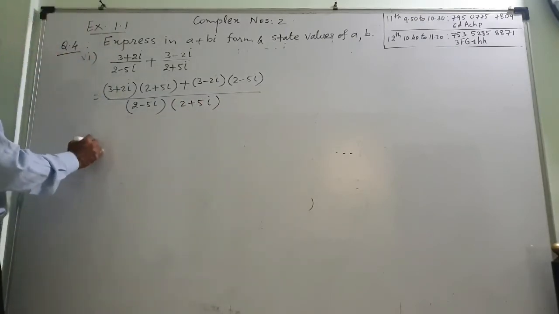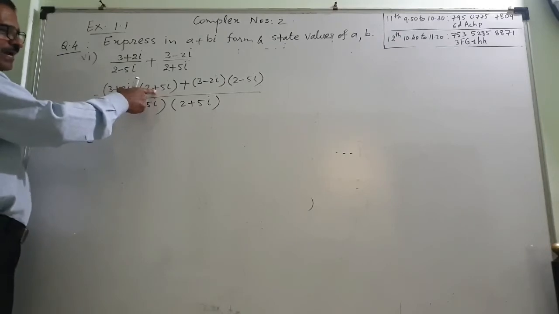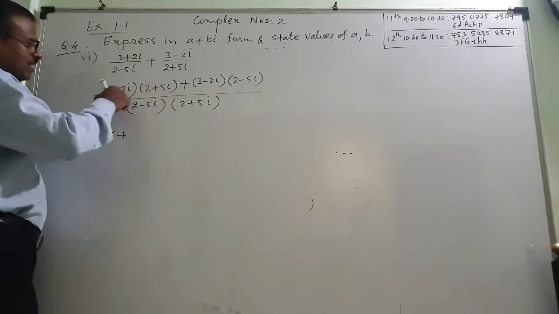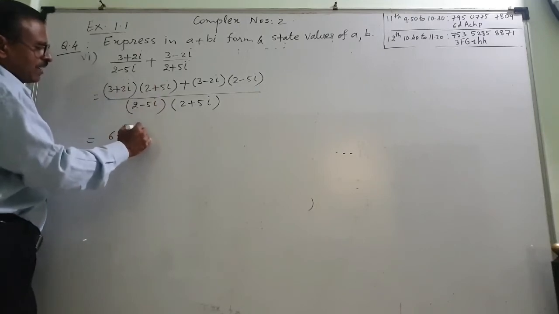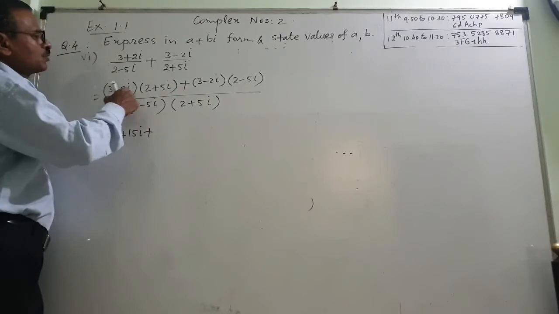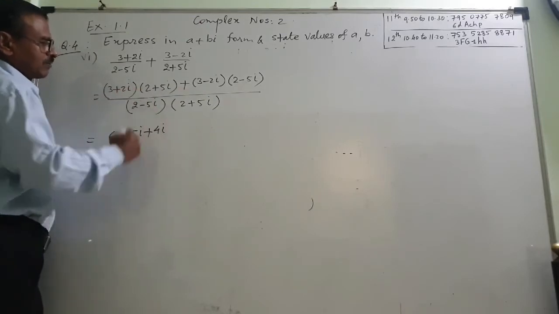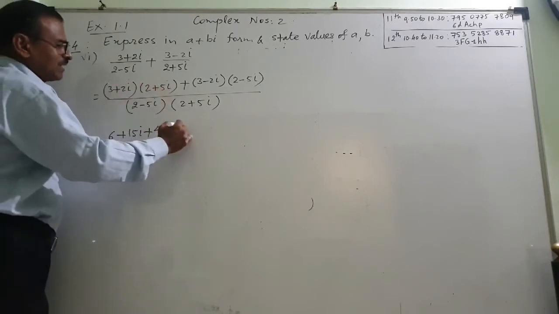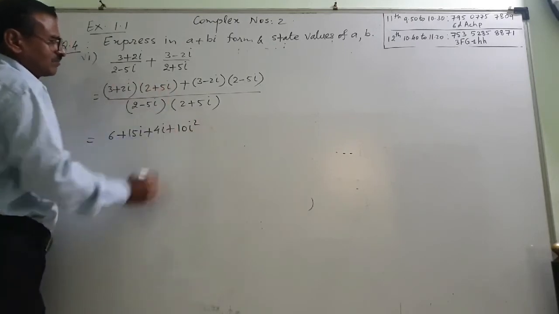So this I will multiply by 3 to this bracket. 3 twos are 6, plus 3 fives are 15i. Now this plus 2 fours are 4i, plus 5 twos are 10. i into i is i square, 10i square.